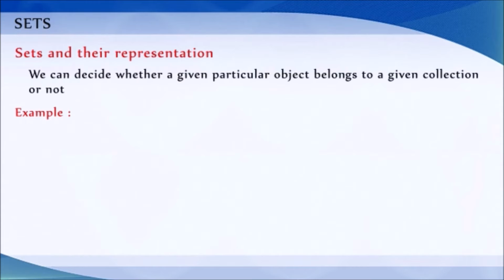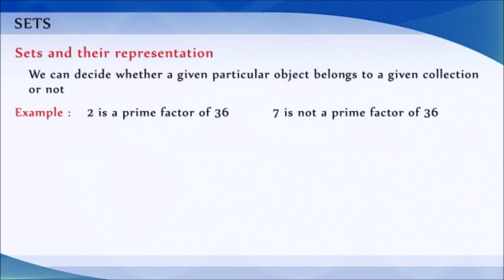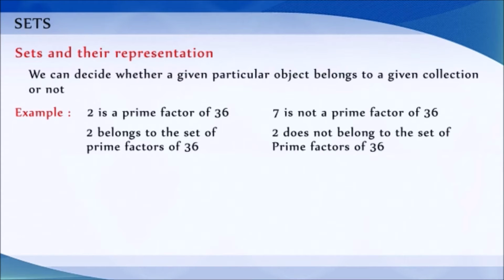We can easily say that 2 is a prime factor of 36, but 7 is not a prime factor of 36. Therefore, 2 belongs to the set of prime factors of 36, but 7 does not belong to that set.